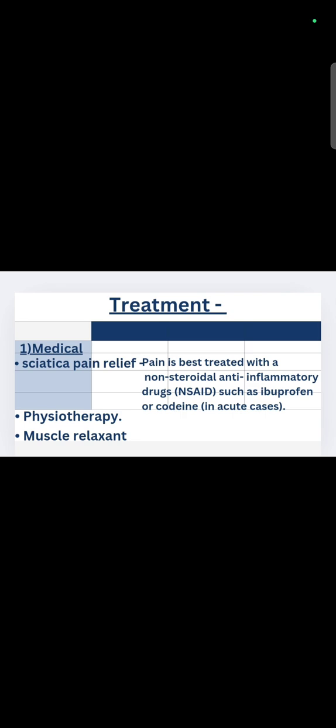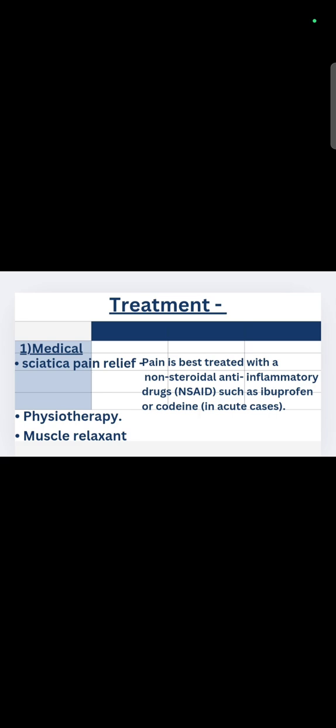Now, treatment. In the beginning, for the patient with a not severe condition, you will go for medication, and in that medication, the first basic is sciatica pain relief, which means to reduce the pain produced due to the sciatica.